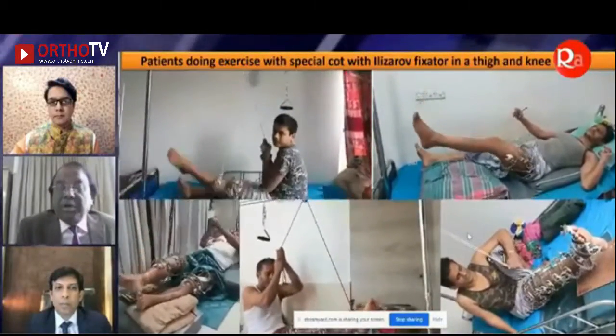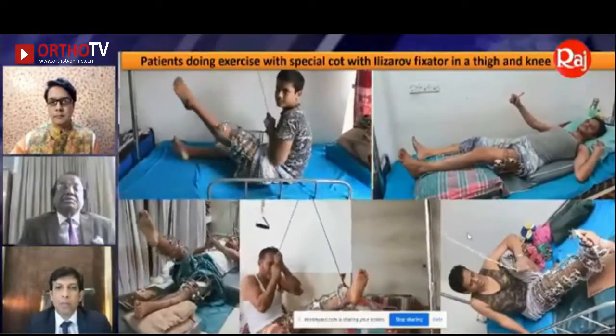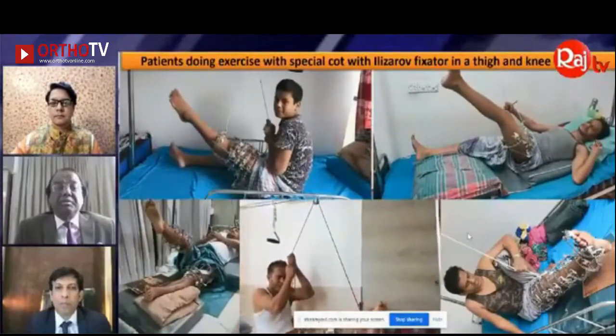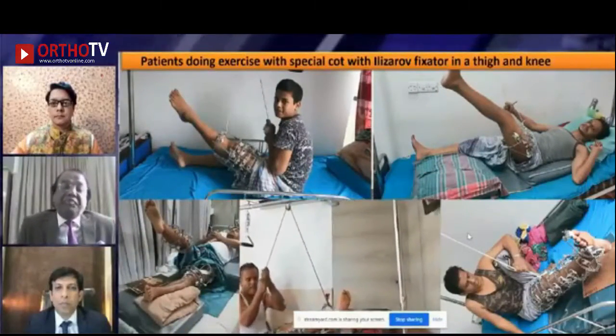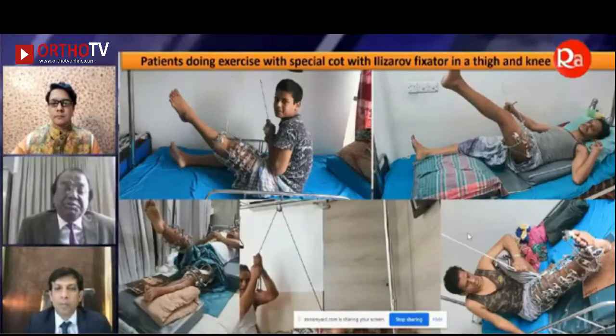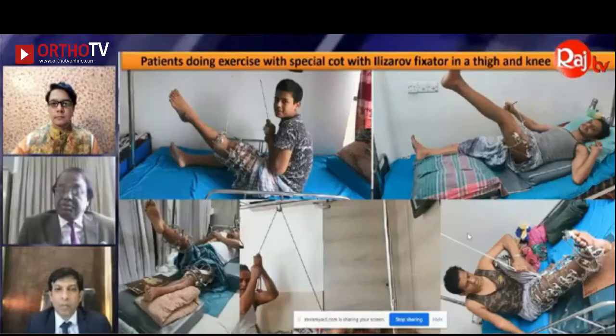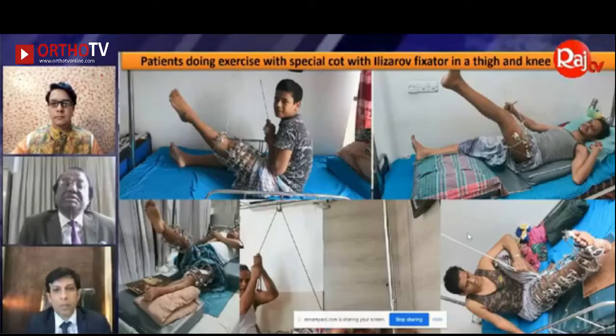See, all my patients are doing exercises when they are getting treatment by the Ilizarov technique. And my physiotherapist always supervises the patients so that they can go for exercises.